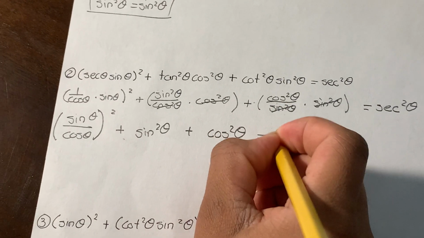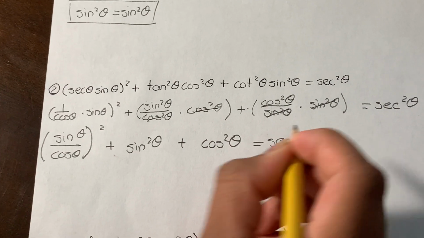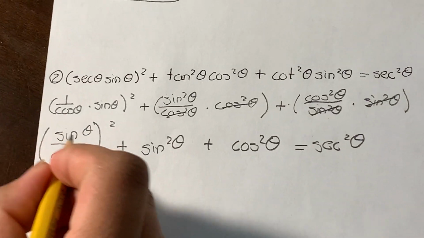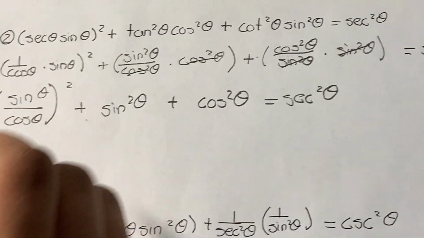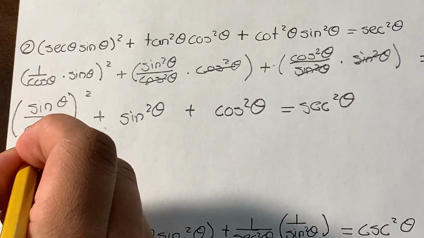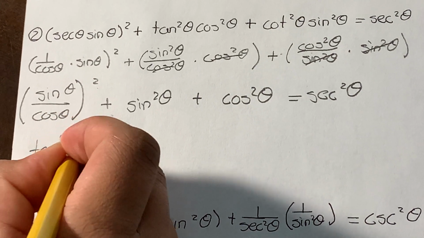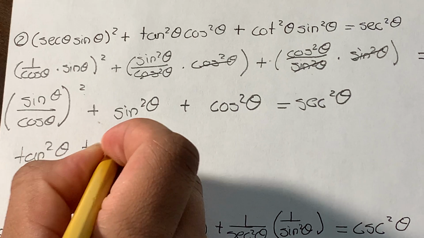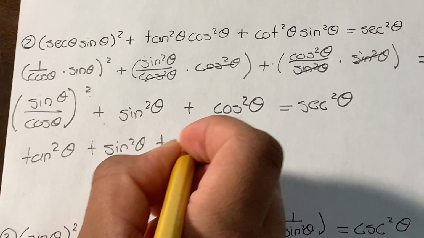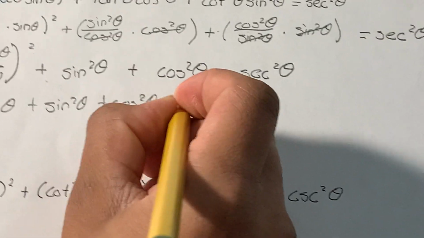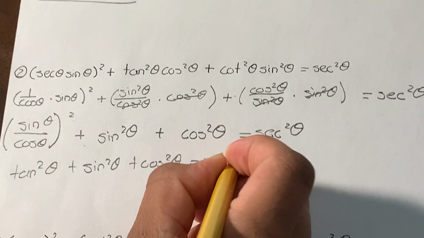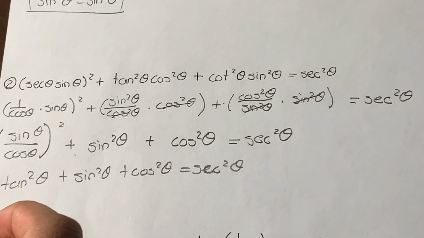And we are still equal to secant squared theta. Our sine over cosine, as we know, is equal to tangent. The tangent squared theta plus our sine squared theta plus cosine squared theta is equal to secant squared theta.